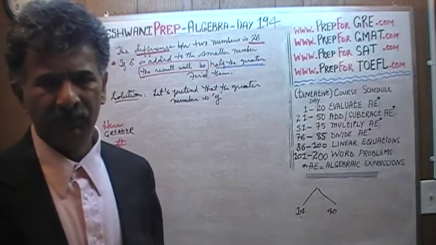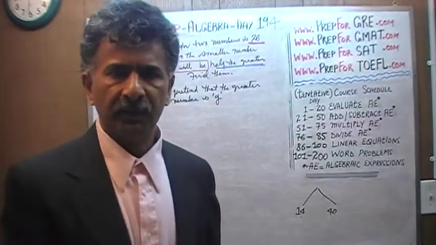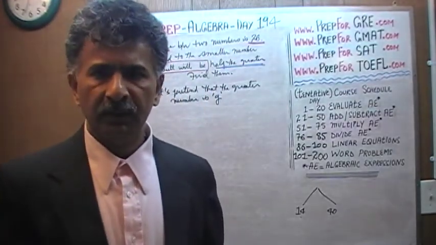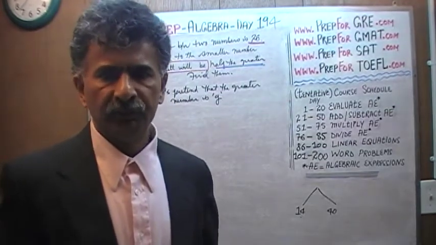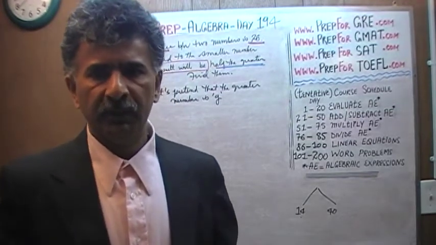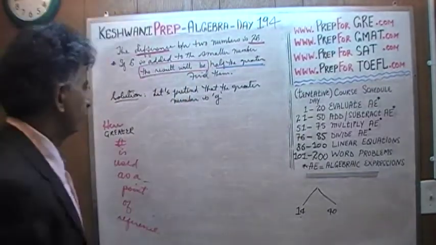Don't use X and Y, because then you have to go around memorizing which one was greater and which one was smaller. If you just say let the greater number be X, then you're going to have to remember throughout the entire solution that X represents the large number and Y represents the small number. Why? Just use G, G for greater.